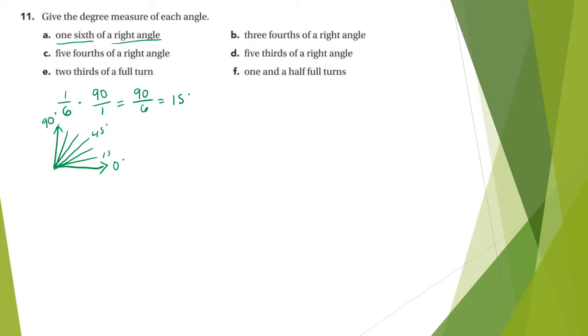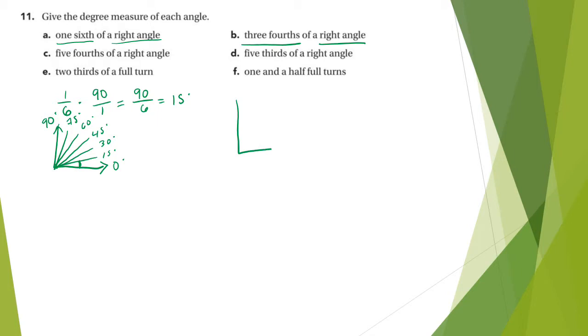So this would have to be going by 15s in order to get up to 90 in those 6 pieces. So again, 45 plus 15 would give me a 60, 75, and then 90. And so again, I can see if I only went 1/6, I would be going 15 degrees. That answer is reasonable.